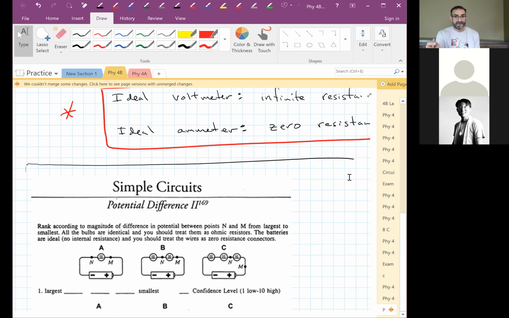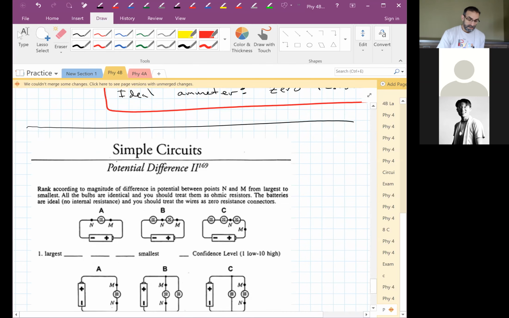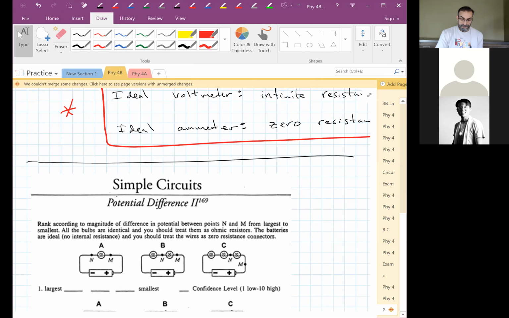Figure them all out in terms of the battery voltage. A is just the same as the voltage on the battery, right?